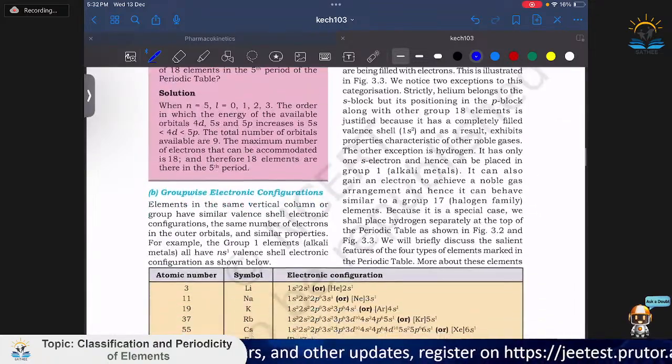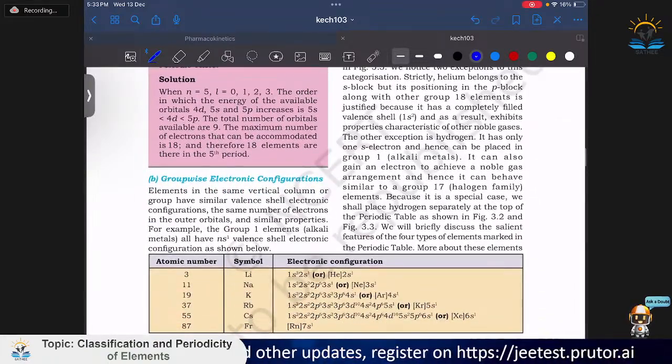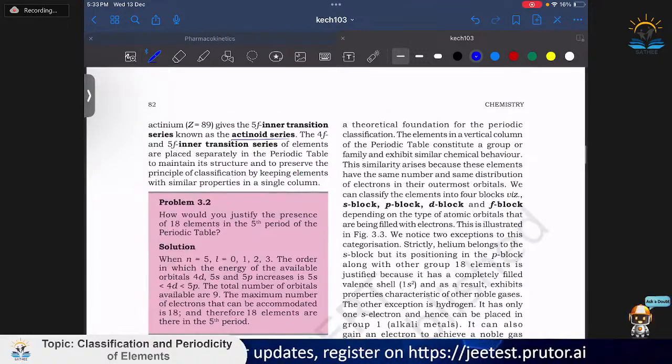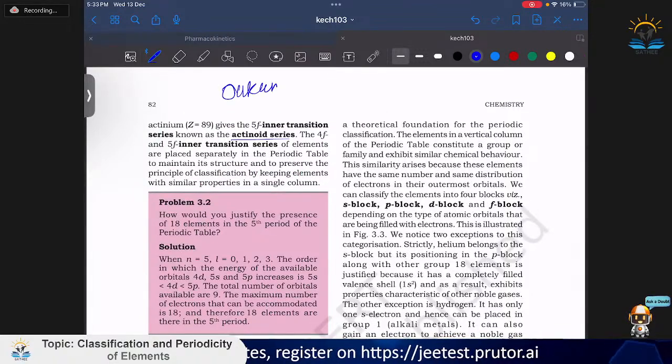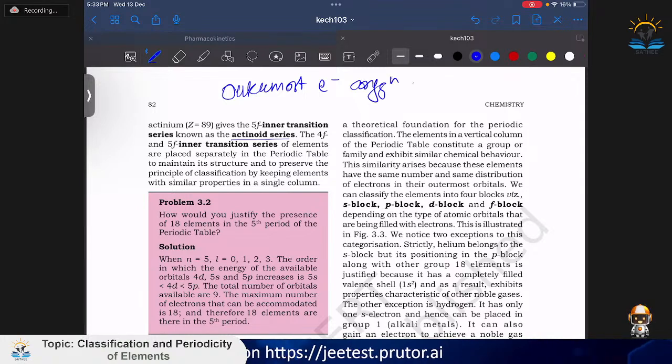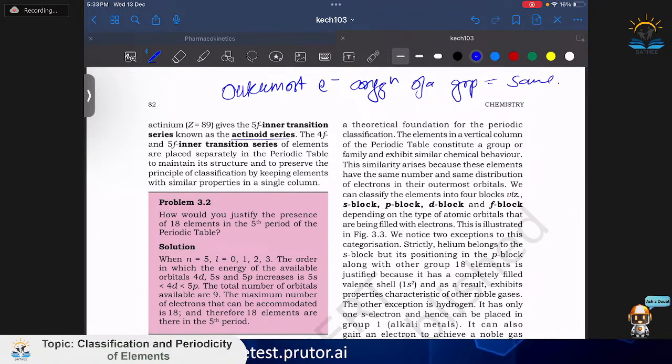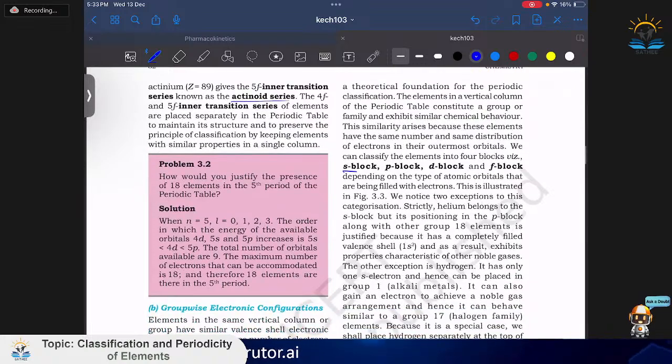Then group-wise electronic configuration. See, the outermost electronic configuration of a group is the same. That is characteristic. And they are categorized as S, P, D, F block based on where the last electron is getting filled.